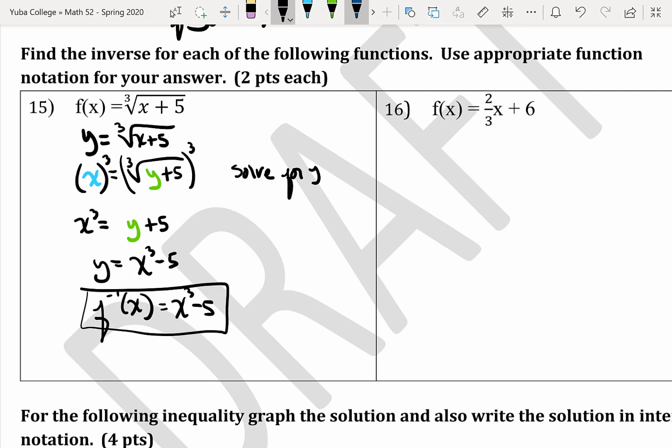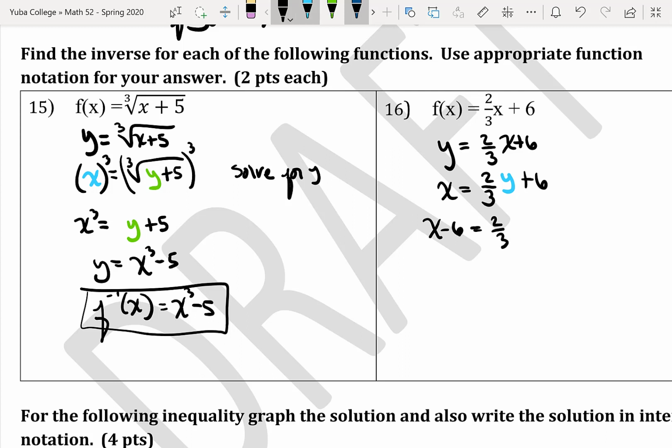We want to get y by itself, so if we subtract 6 on both sides, we get x minus 6 equals 2/3 y. We can think of this as dividing both sides by 2/3, or as multiplying both sides by the reciprocal of 2/3, so that makes it a coefficient of 1 in front of the y.